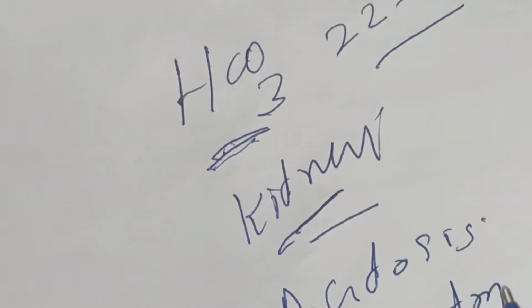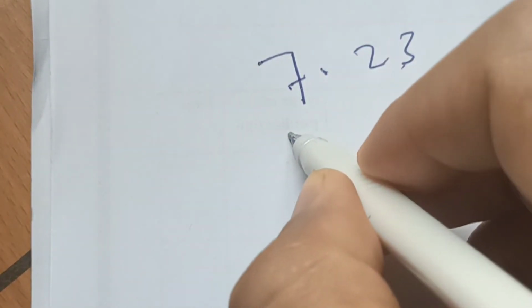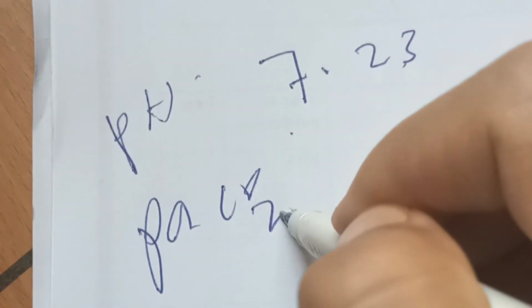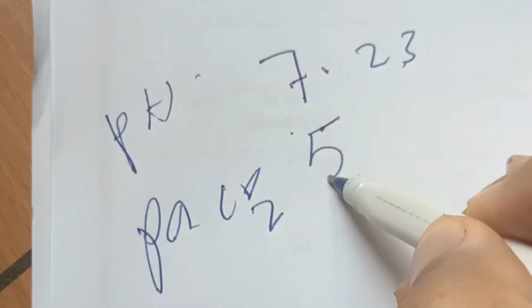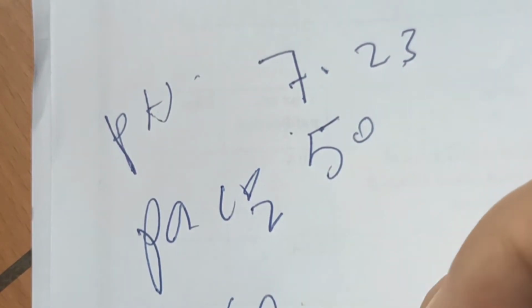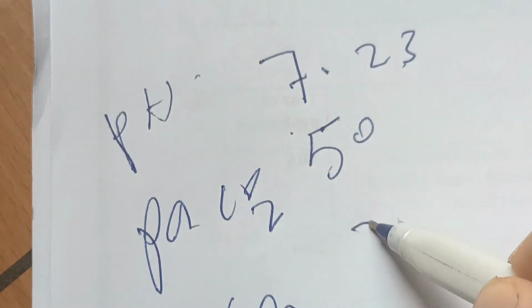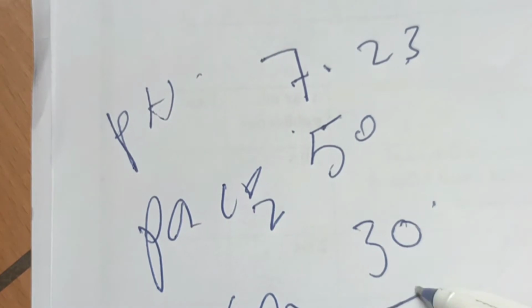For example, if you have a pH of 7.23, a PaCO2 of 50, and bicarbonate of 30. Now we'll go to the first step.